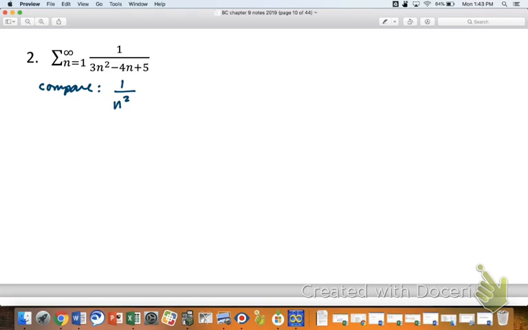So the p-test is specifically 1 over n to the p. I could say 1 over n, or whatever the highest degree of n is. So if I could get it to look like one of those. Right, I understand.